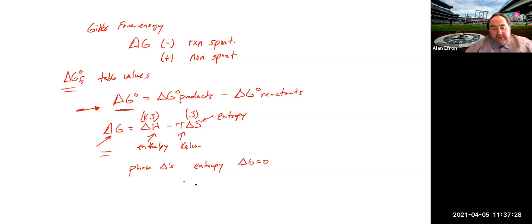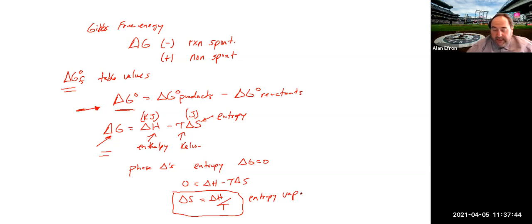That gave us this version of the equation. Solving for delta S would give us delta H divided by T. This will allow you to calculate something like the entropy of vaporization, which is the entropy change happening at the phase change between liquid and gas.